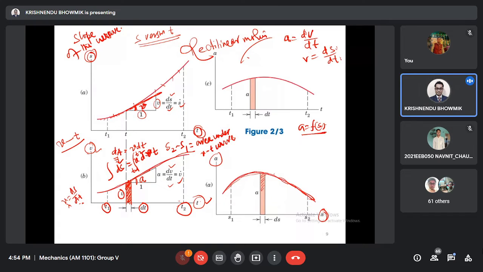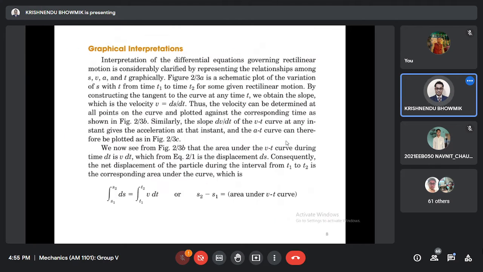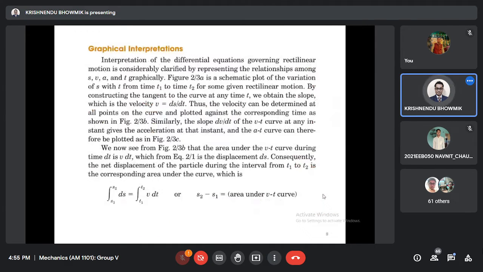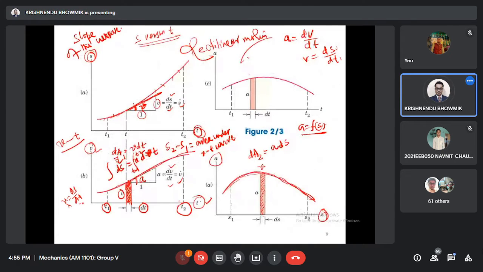take one small element like this, here is the elemental area dA2. What is dA2? A multiplied by ds. But A ds we have seen before: A ds is nothing but V dV. So we write V dV equal to A ds.